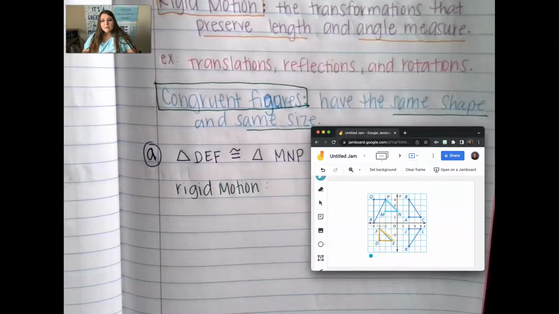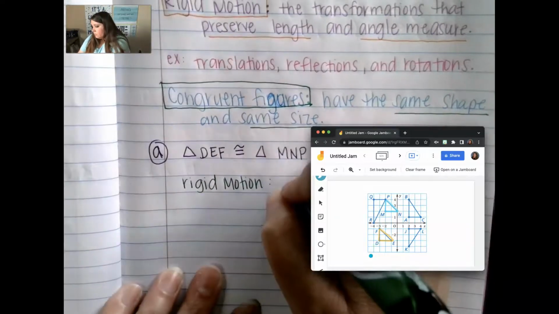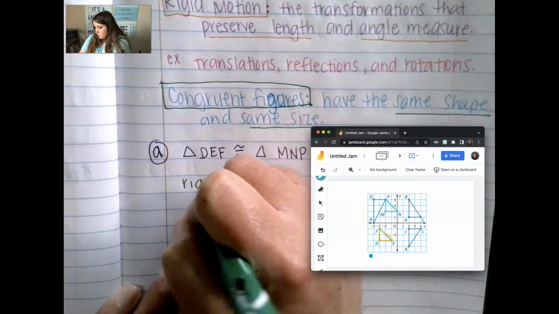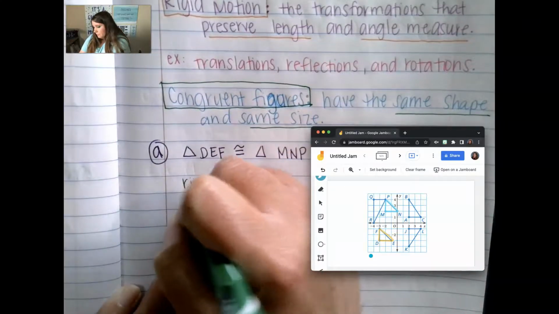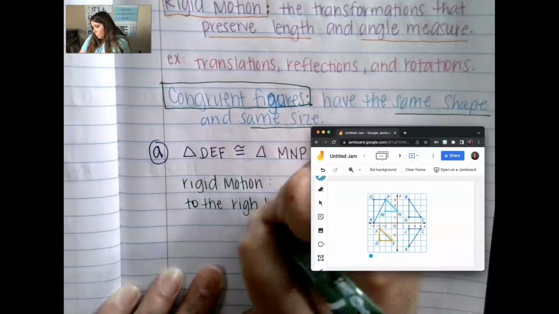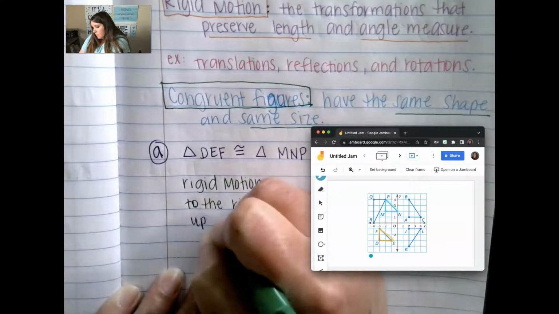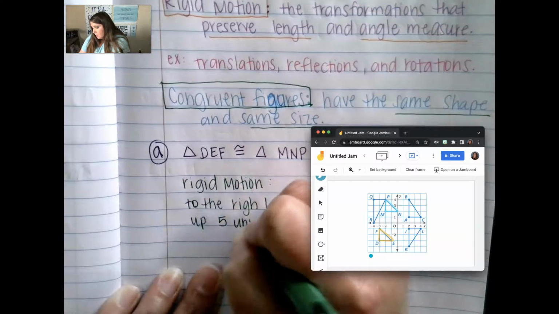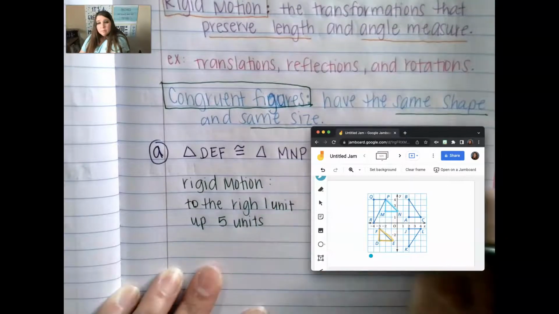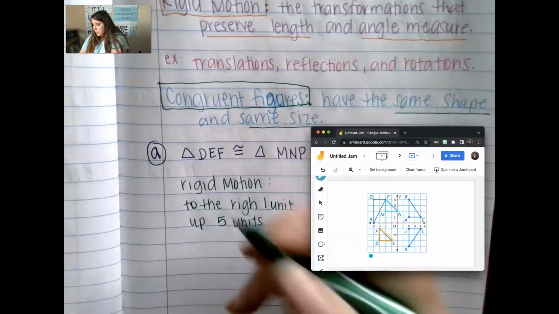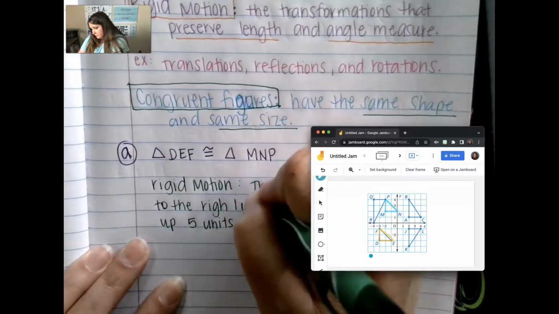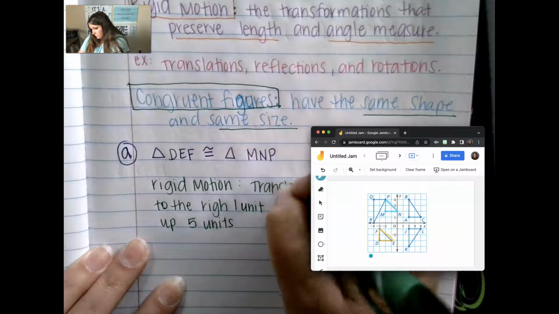So the points on this triangle have moved to the right 1, and up 5. That is how we describe the rigid motion that has occurred. So the rigid motion is a translation.